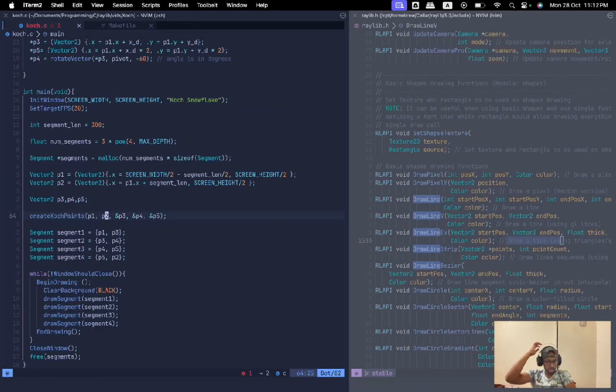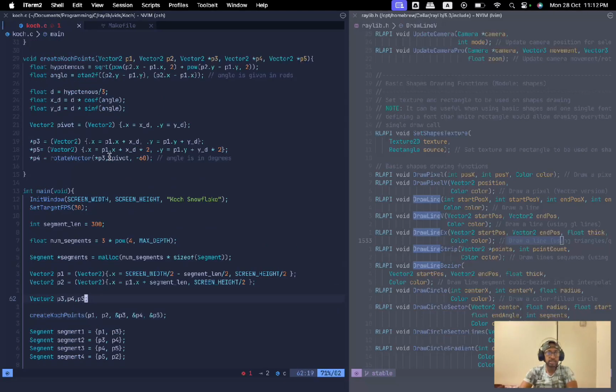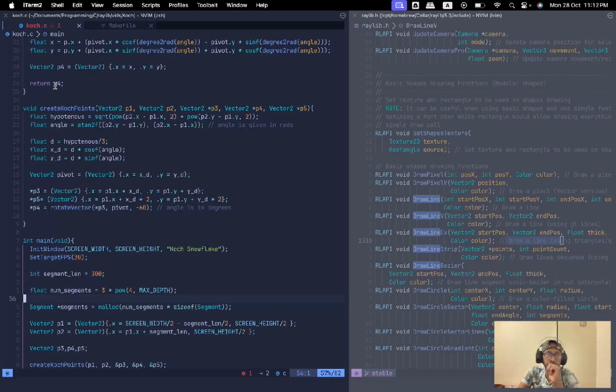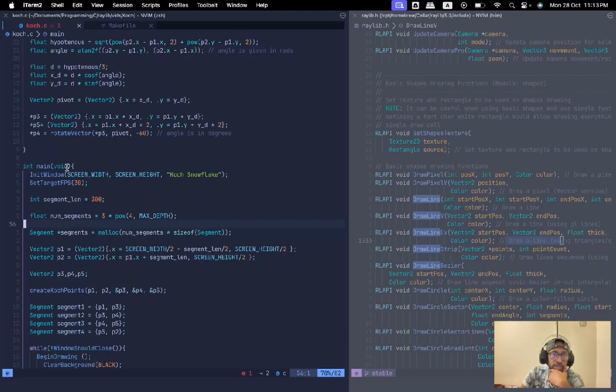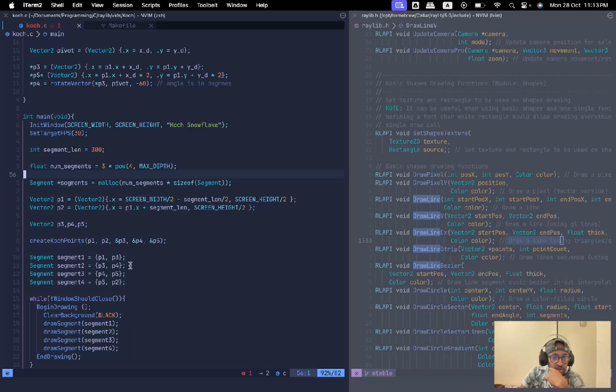Great. Okay. So now what we want to do is create this recursively. I can already create the points, so that means I can now create my segments recursively, add them to my array, and loop.